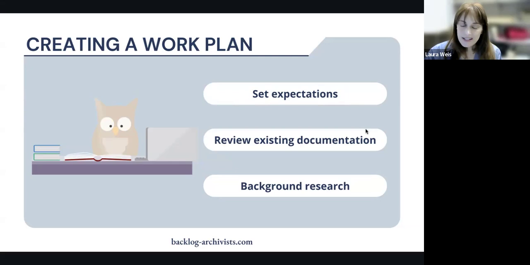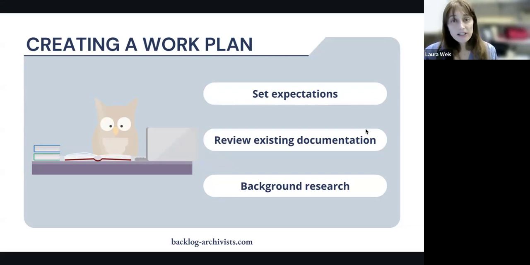All of these things are going to be interrelated, but next is reviewing any existing documentation. So talk with people, if they're present in your office, who might be familiar with the collection already, folks who have worked there for some time and have institutional memory, like, oh, I remember when this came in and this is what happened. Does an inventory already exist, or do you need to create one? Is it complete? Is it partial?